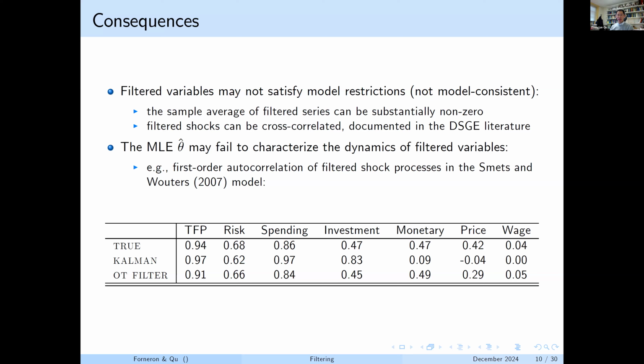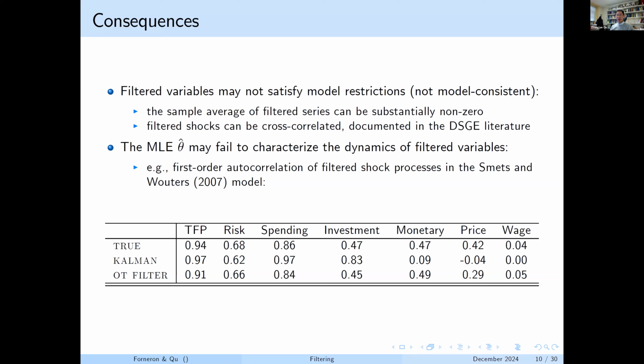The second row gives us the empirical first order correlation from the Kalman filter. So here, if you look at the investment shock, the empirical correlation actually is 0.83. This is much higher than what the parameter estimate is telling me.